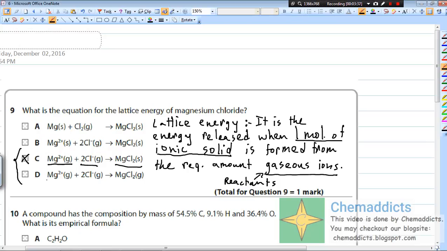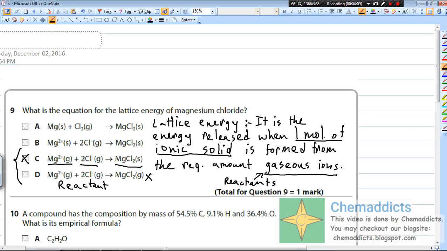If we have a look at D, then we are going to see that the reactants are gaseous. That's fine, but the product is not solid, so this becomes invalid. Since the product is not solid, regardless of the reactant, D is not the option.